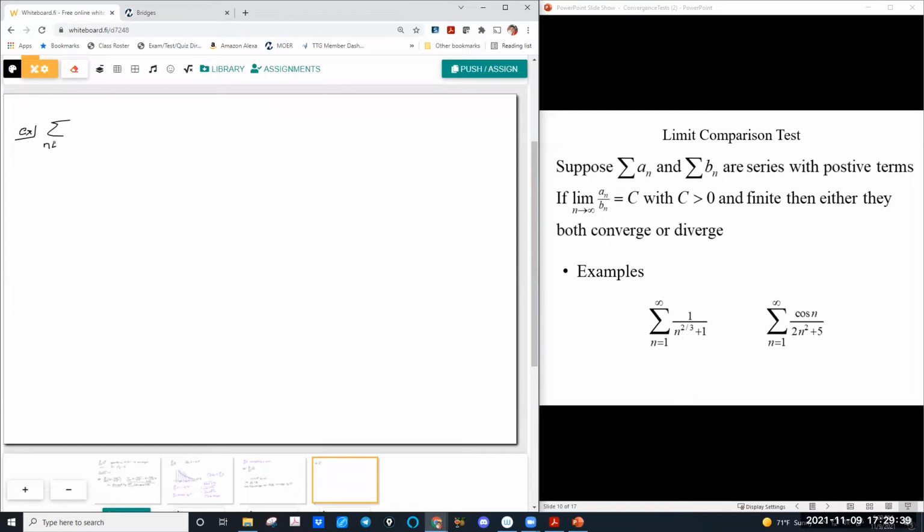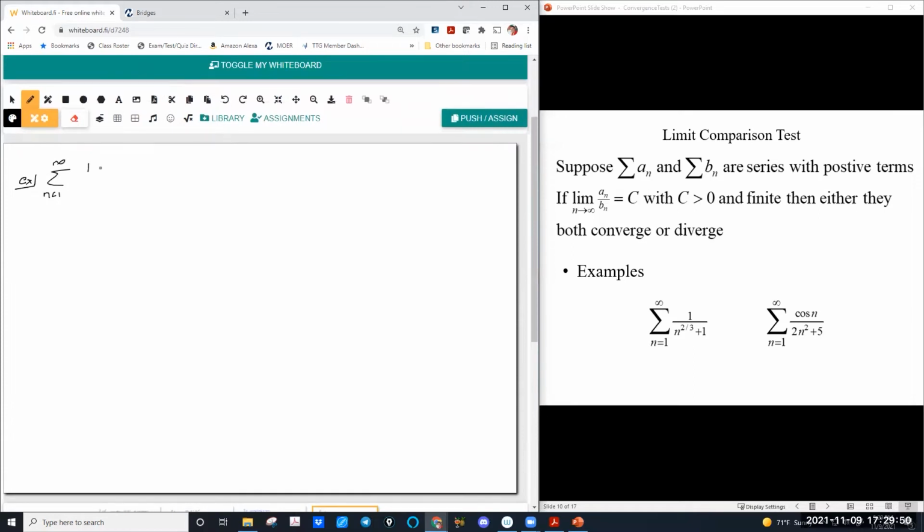So we've got this series, n equals 1 to infinity of 1 over n to the 2/3 plus 1.